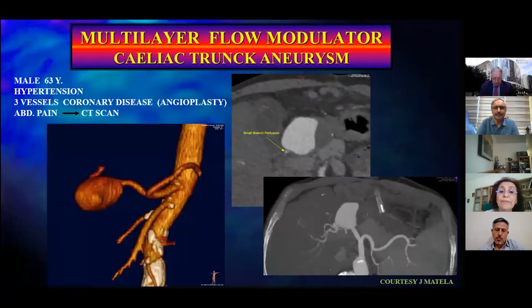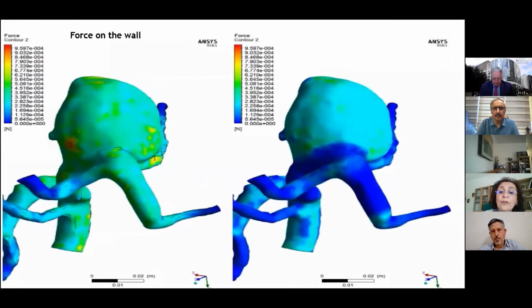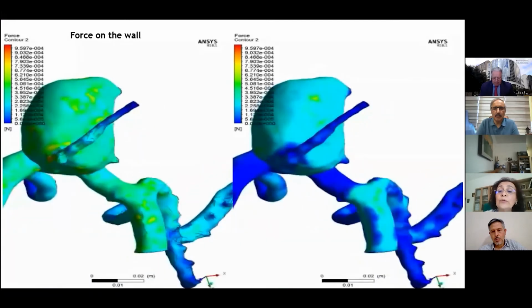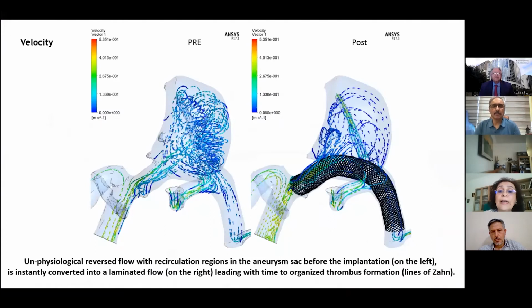The celiac trunk aneurysm, we can see that. The numeric simulation showed a reduction of the force applied by the flow on the wall when we put the MFM, and the turbulent flow in the aneurysmal sac is converted to laminar flow when we implant the MFM into the artery.